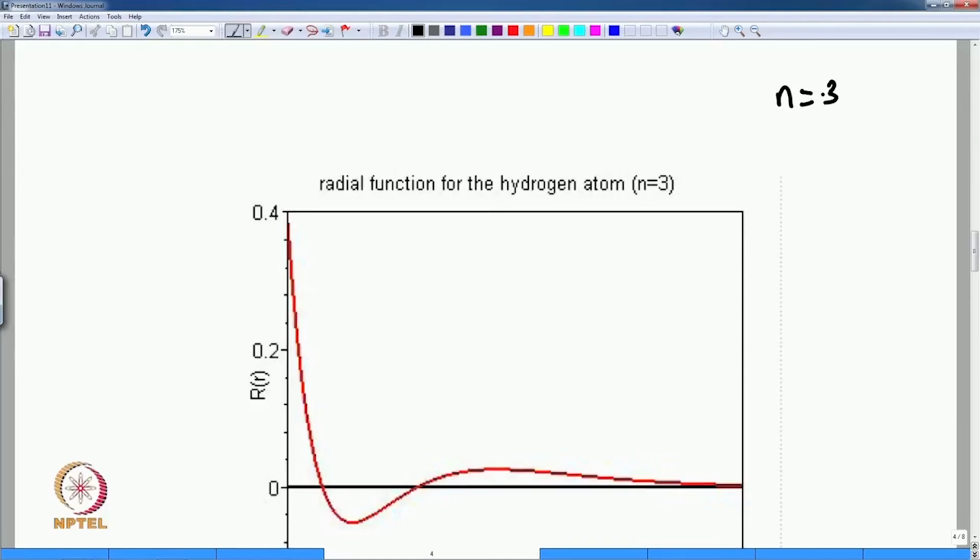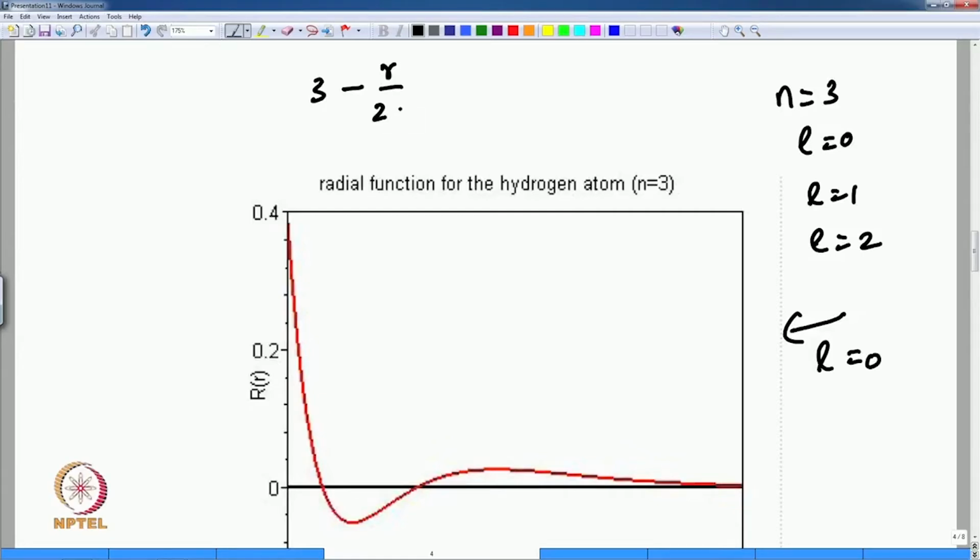n equal to 3 has 3 possible functions, namely l equal to 0, l equal to 1, and l equal to 2. This one is l equal to 0. The form of the radial function is essentially 3 minus 2 r by a naught plus 2 r square by a naught squared.